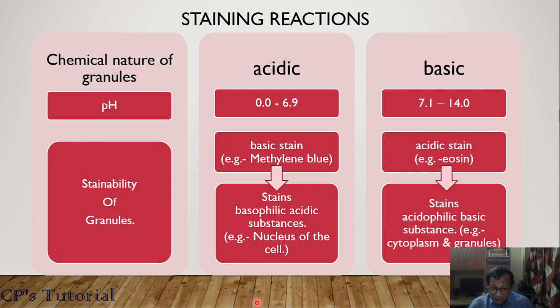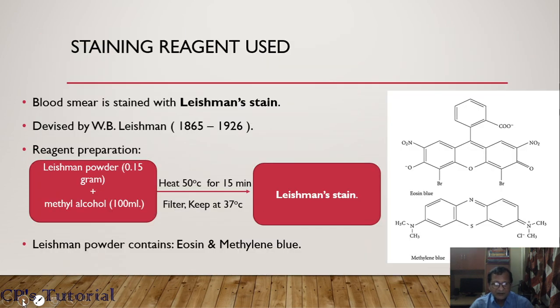But we have to stain the blood. So we have to choose a staining material that can stain two types of corpuscles simultaneously. Yes, we have chosen this staining material as Leishman stain.